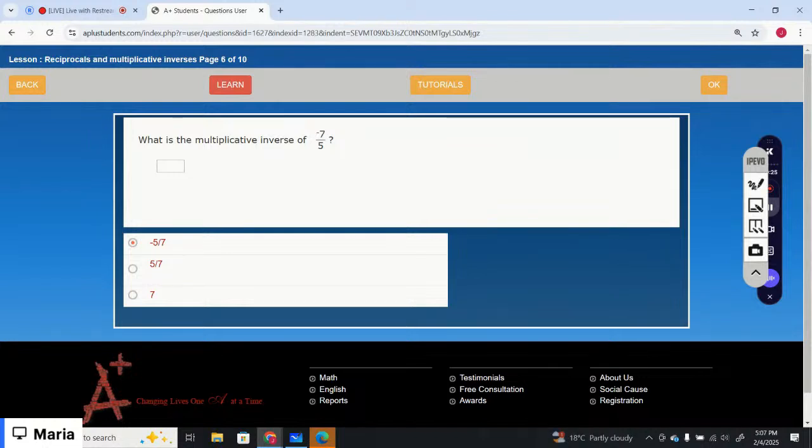Option number 1 is the correct option. That is negative 5 by 7.